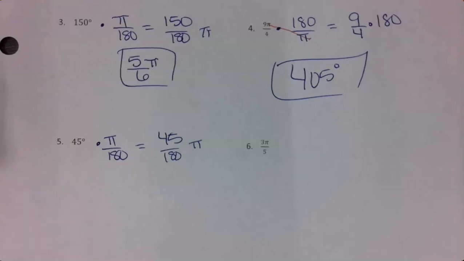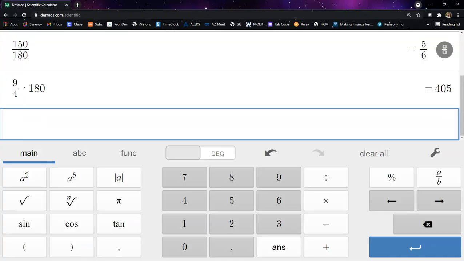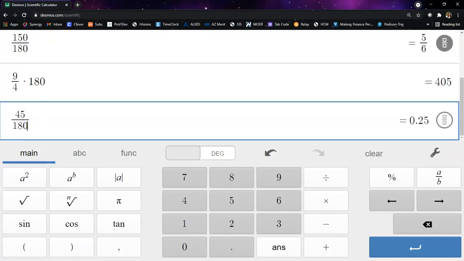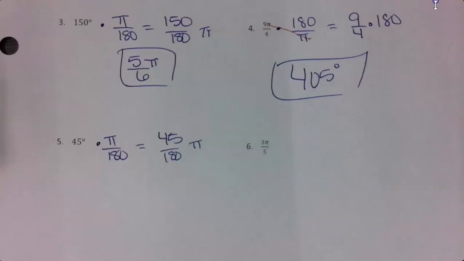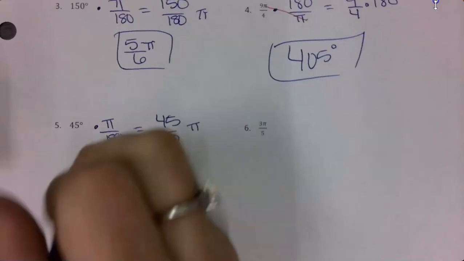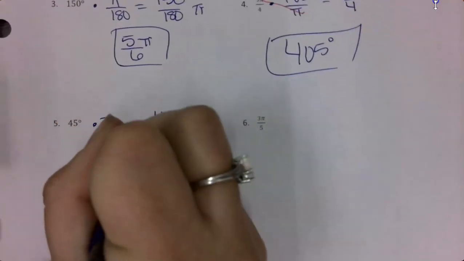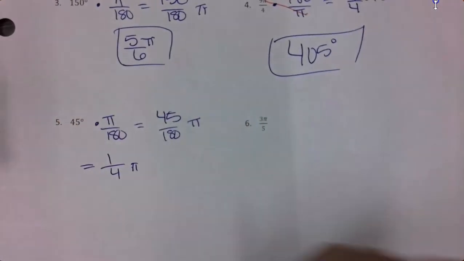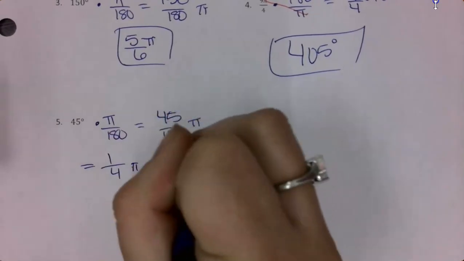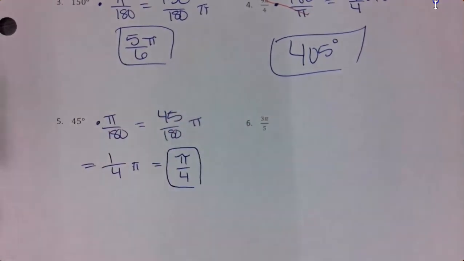Then I'm going to go to Desmos and simplify this, which is going to get me 1/4. If I multiply 1/4 by pi, it's also just the same thing as putting the pi and replacing the 1 on top of the fraction. So it's pi/4.